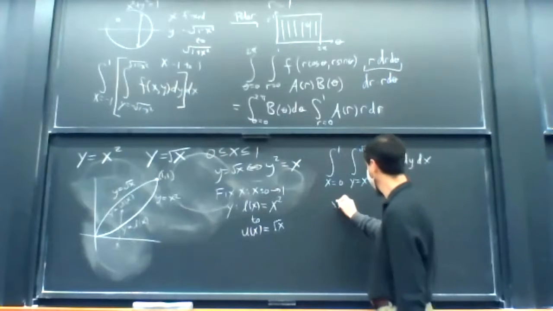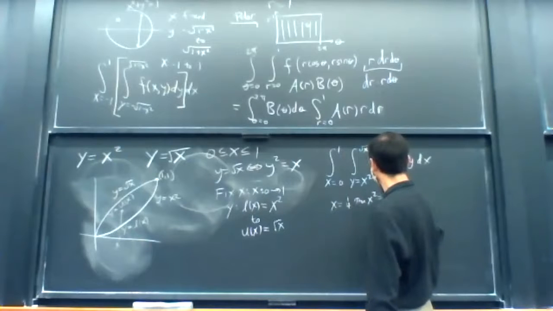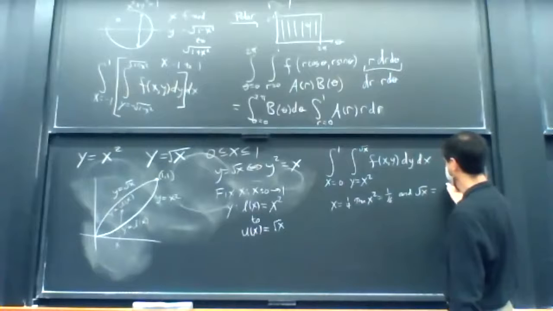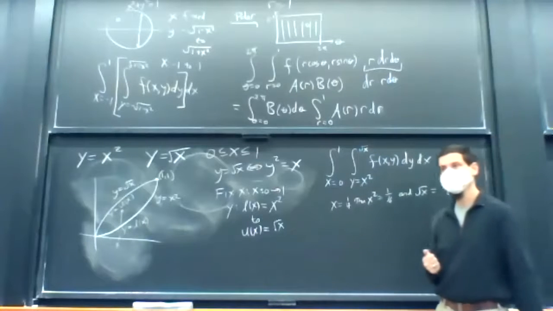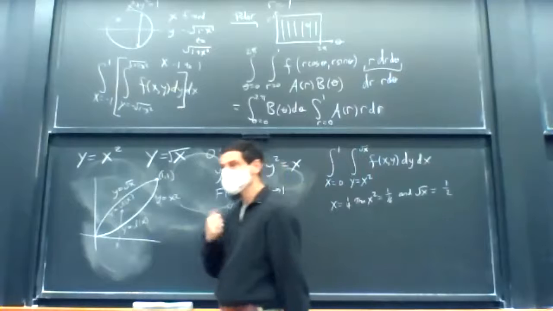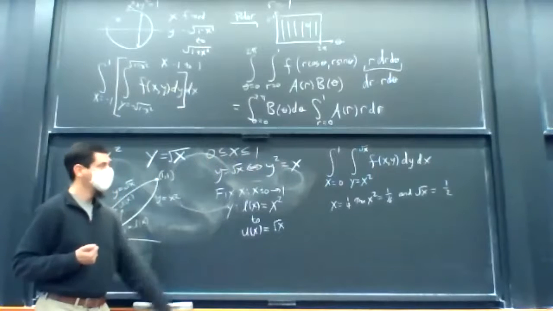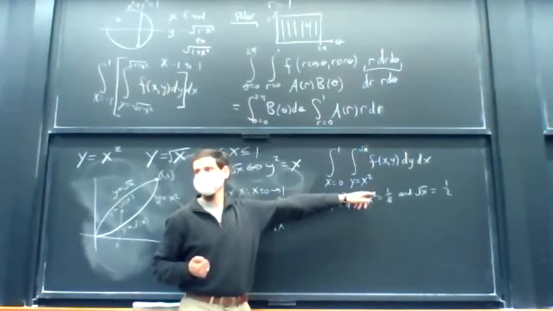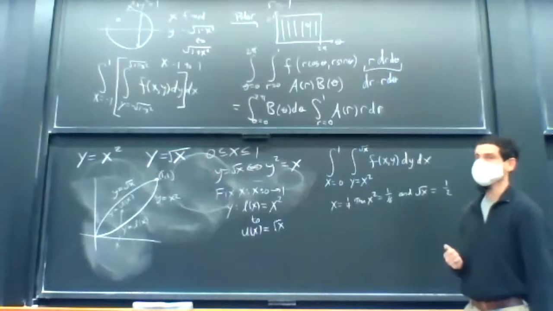If x is 1/4, then x squared is 1/16, and square root of x is going to be 1/2. Oh, good. I do have things going in the right direction. So when you're ever unsure, just take some specific values and test. If your upper value is below your lower value, you probably made a mistake. Any questions on how we set this one up?